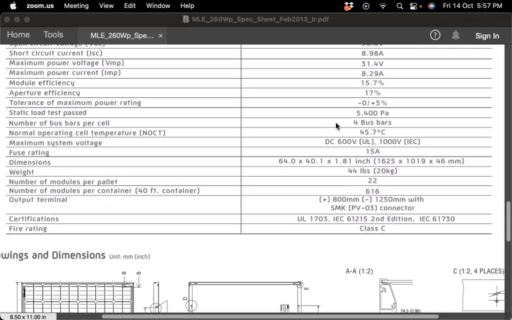Normally, when we consider this STC condition, or standard test condition, we consider it at an ambient temperature of about 27 or 30 or 25 or something like that.